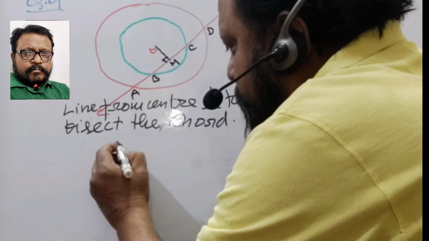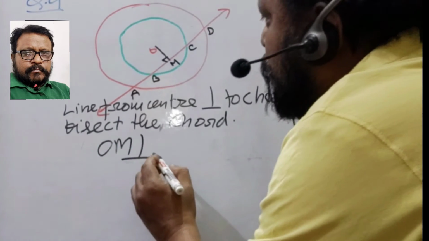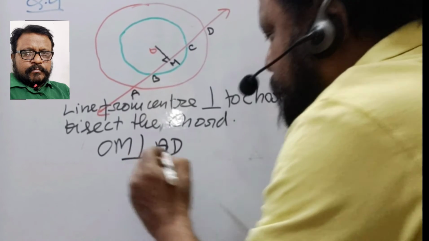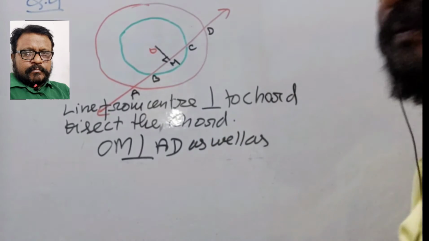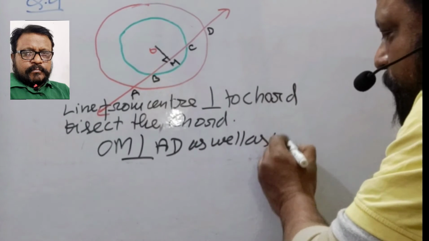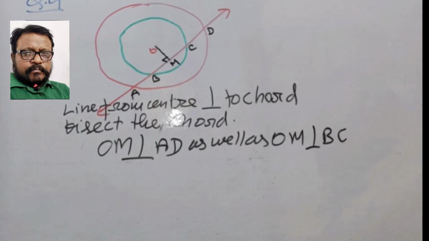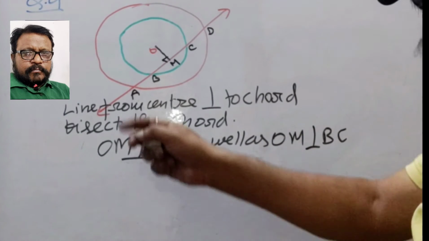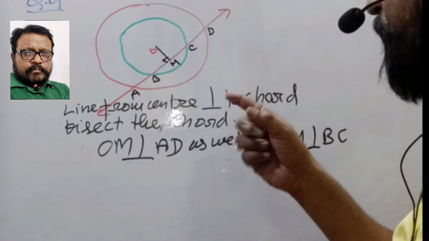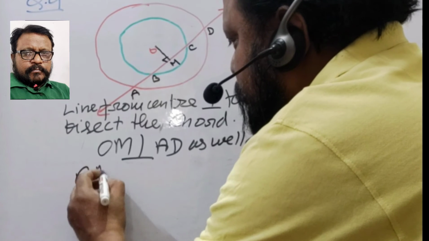OM is perpendicular to AD as well as OM is perpendicular to BC, as the outer circle cuts the chord at points A and D, and the inner circle at points B and C. So OM is perpendicular to chord AD and OM is perpendicular to chord BC.